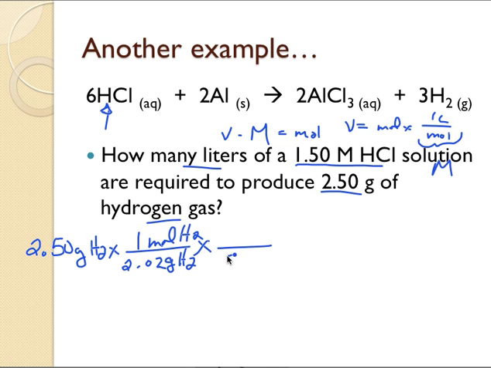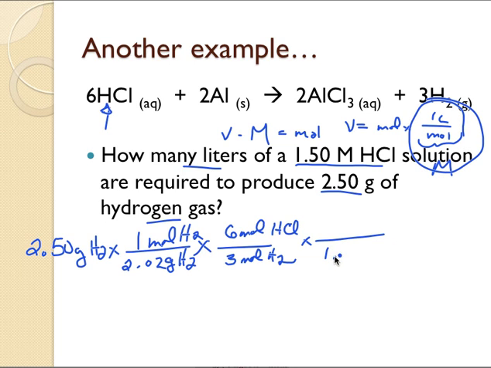Then from the balanced chemical equation, 3 moles of hydrogen for every 6 moles of hydrochloric times, here's where this molarity comes into play. I have 1.50 moles of hydrochloric for every 1 liter of solution.